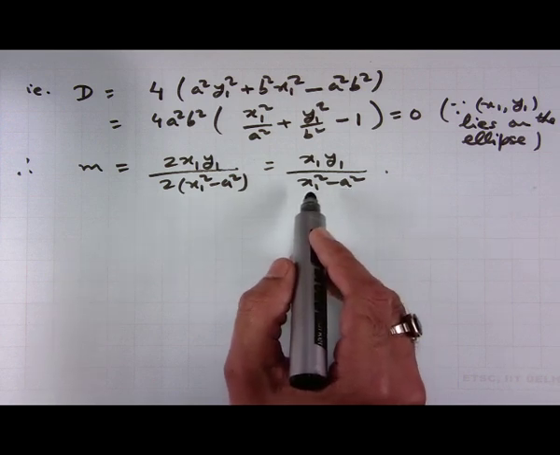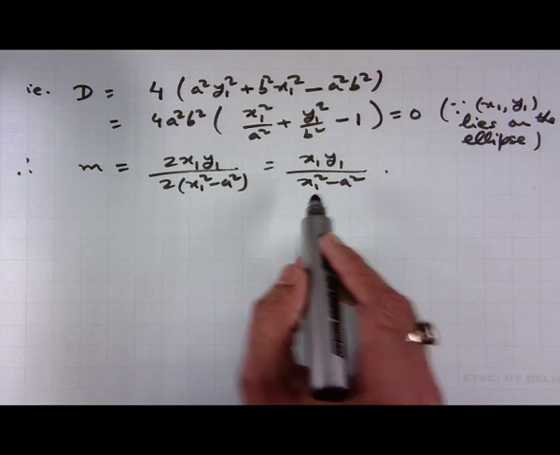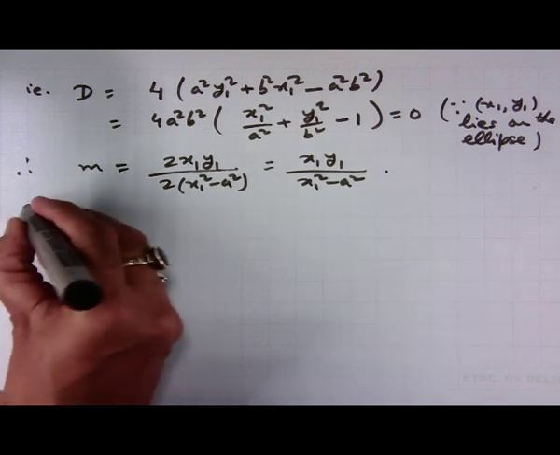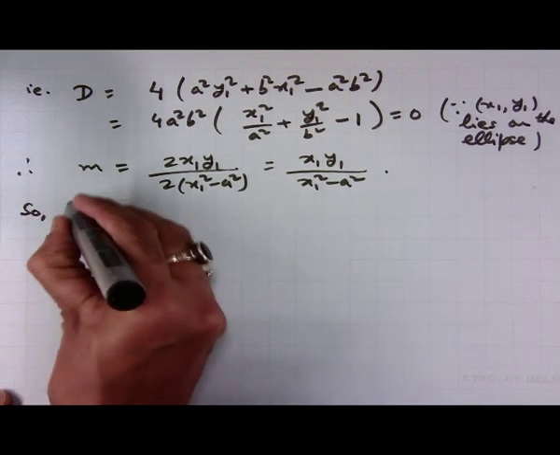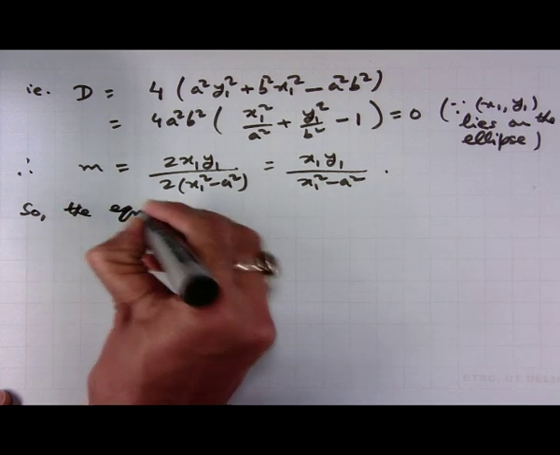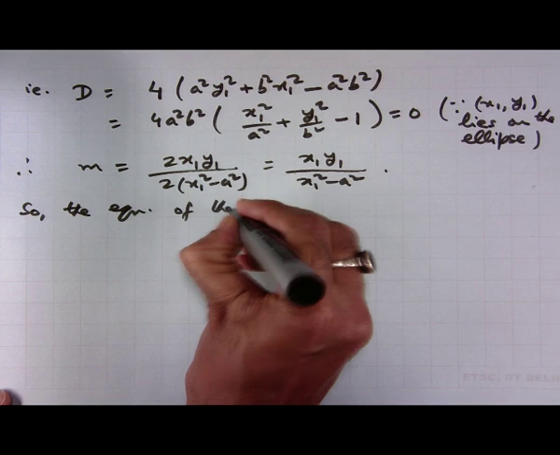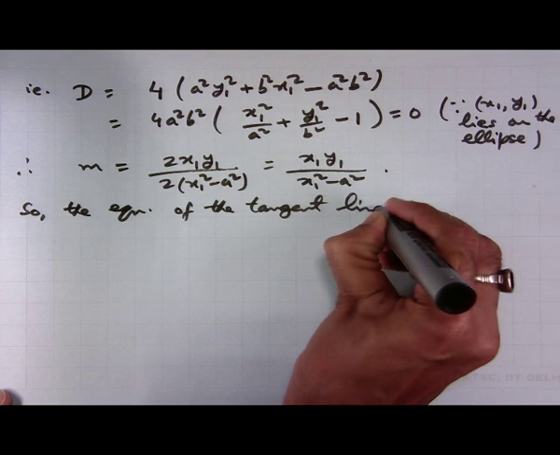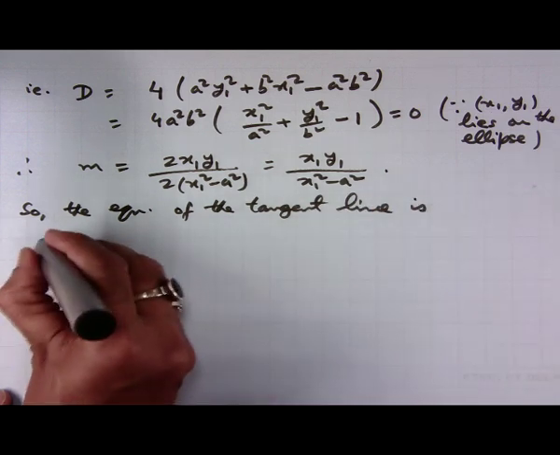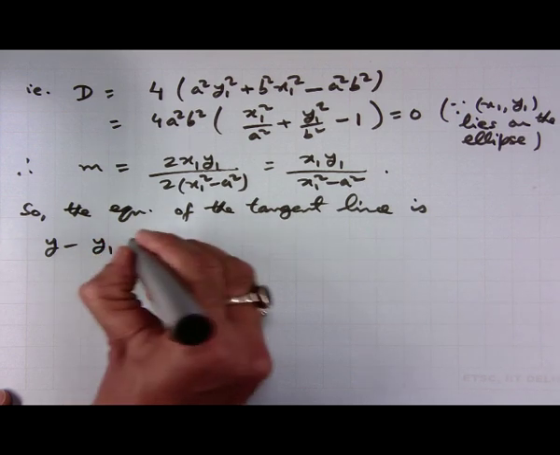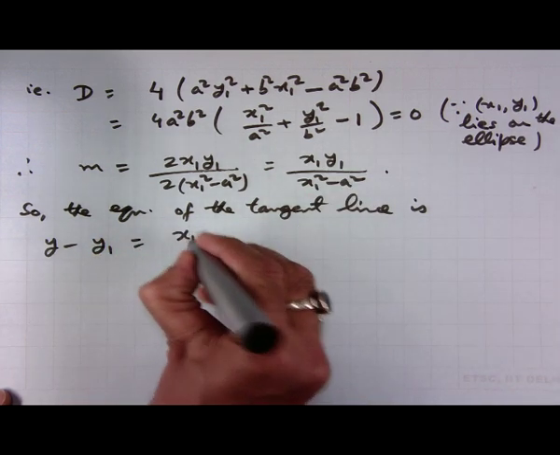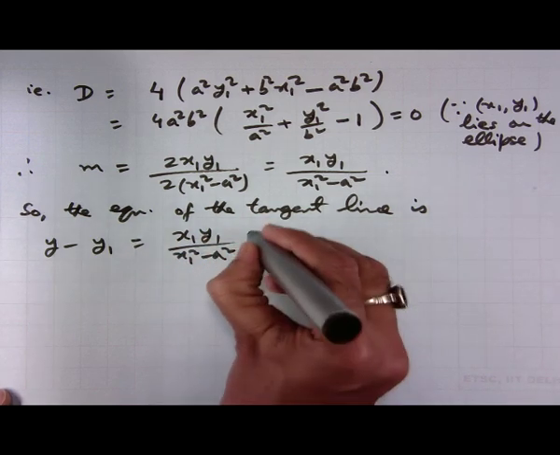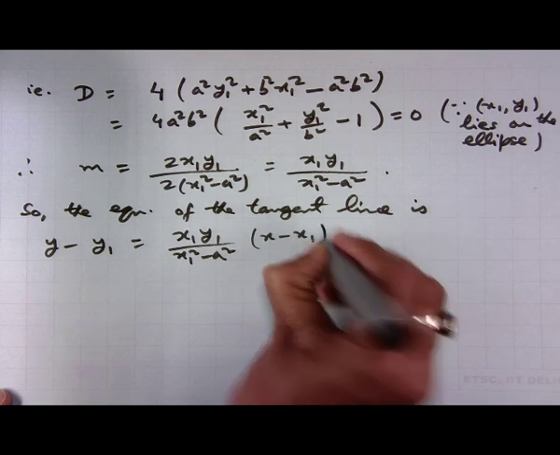Now, we will write the equation. So, the equation of the tangent line is y minus y1 equal to m, that is x1 y1 by (x1 square minus a square), times (x minus x1).